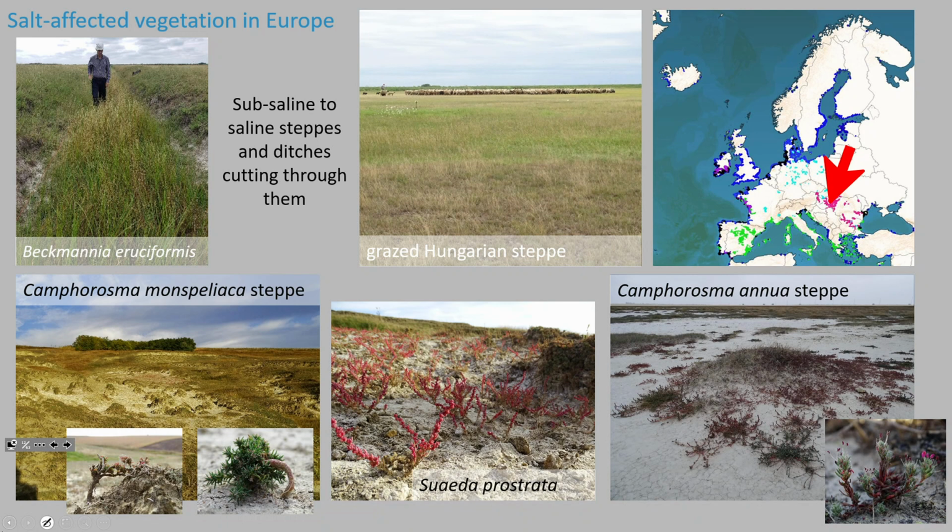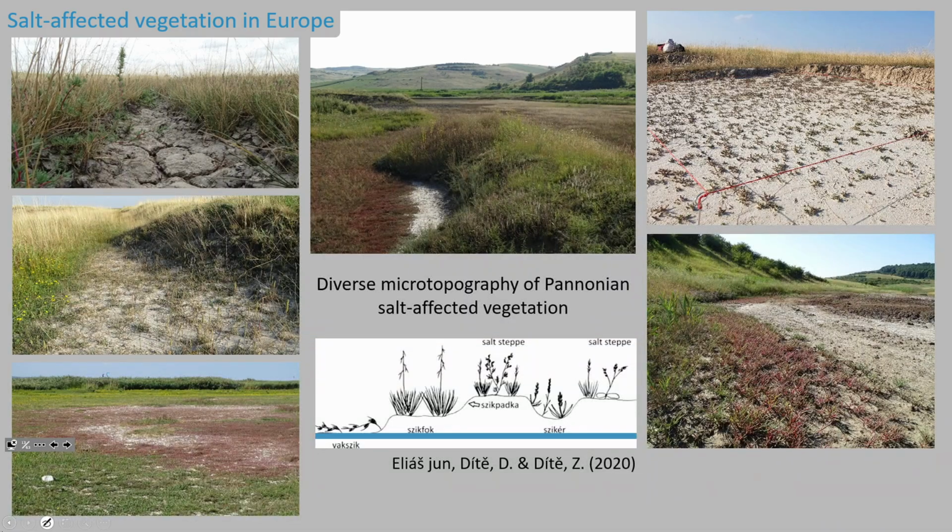And then we have, if we look closer into the steppe, we have also many microtopographical levels in the steppe that are characterized by very different vegetation types. And I will show you some more on this slide.